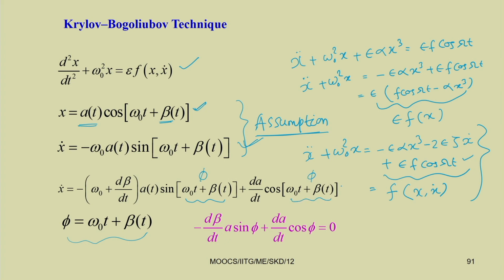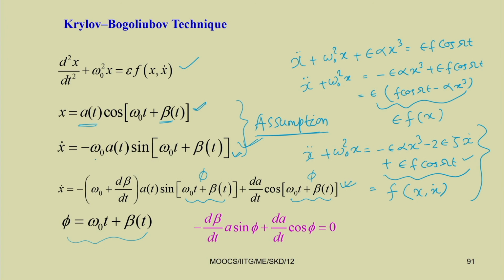Now comparing this equation and this equation, we have assumed x dot equal to minus omega 0 a t sin phi. By comparing these two equations, we can conveniently write minus d beta by dt a sin phi plus dA by dt cos phi equal to 0.